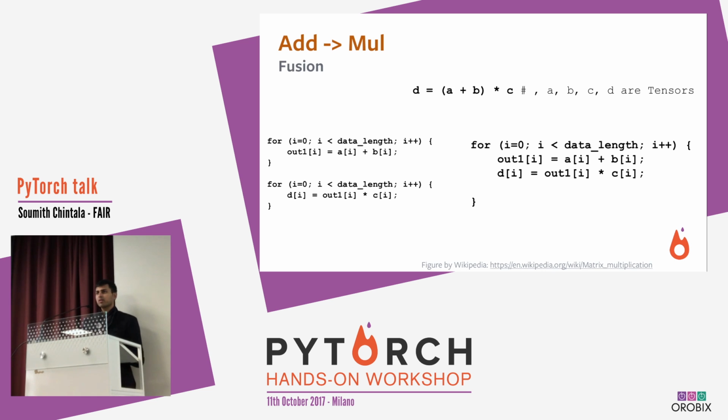This is very typical if you are compiling your code with GCC or something, it will try to do basic fusions. But if you are using PyTorch or NumPy right now, you don't have capabilities like fusion because there's no concept of a compiler, because, as I said, we didn't want to introduce compilation time itself.